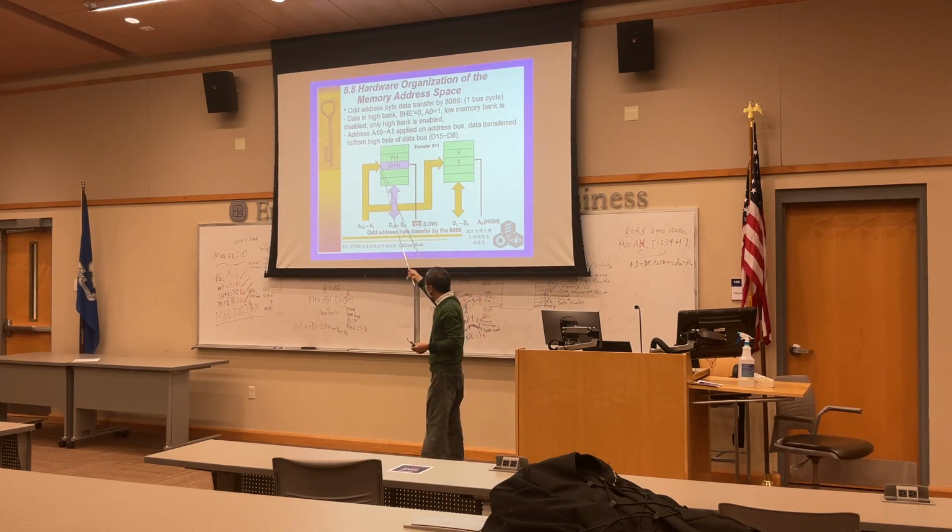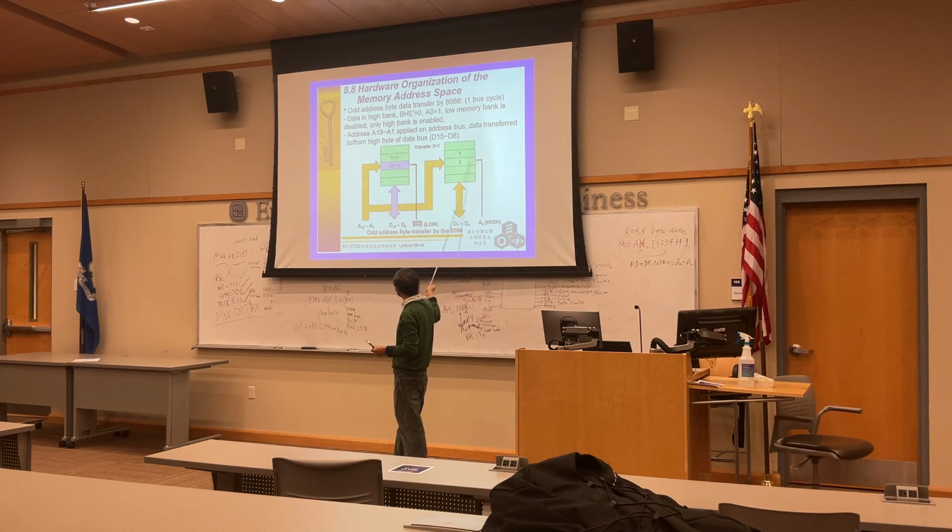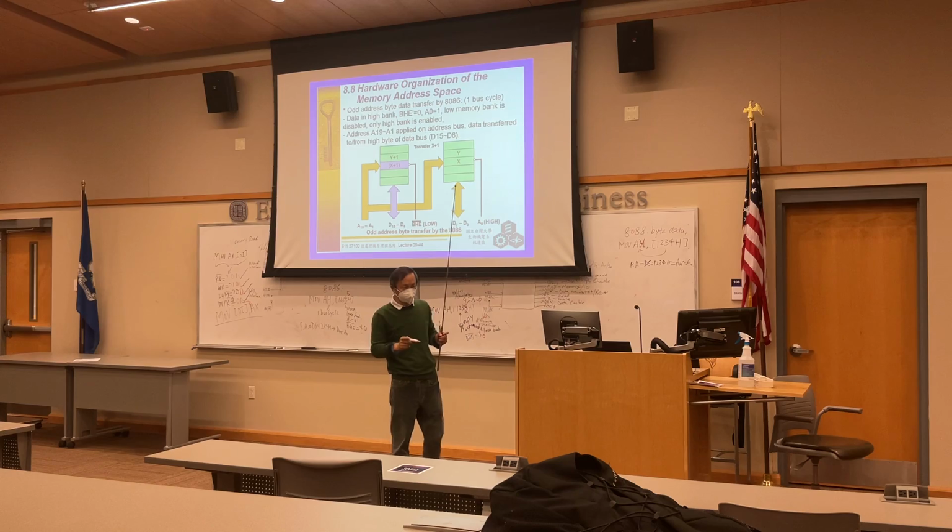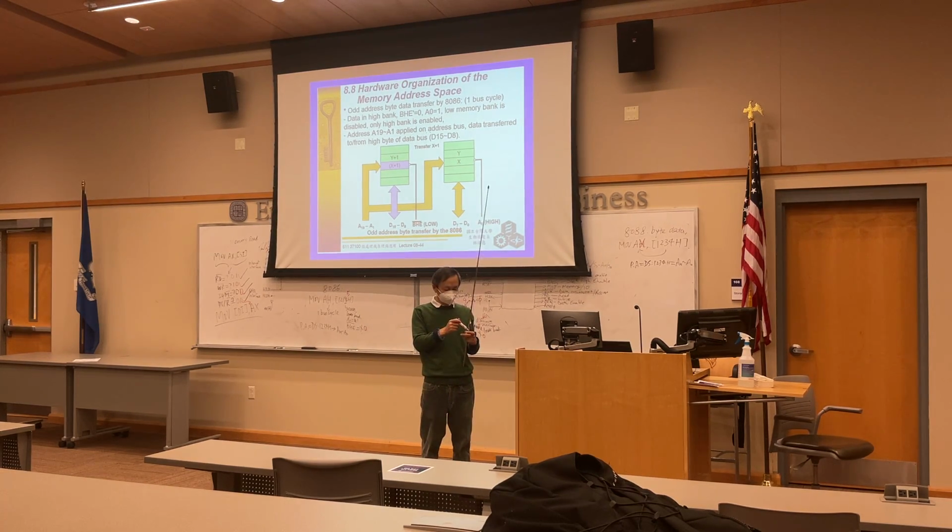You broadcast A19 to A1 to both, but only this one is enabled. Locate the data and send it out on the higher byte of the data bus, D15 to D8, and from the data bus go to the AH register. One bus cycle. Any question?